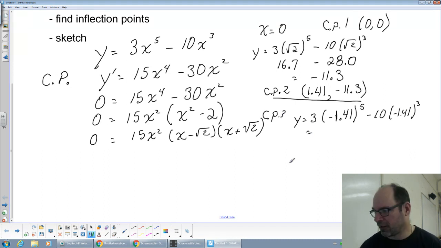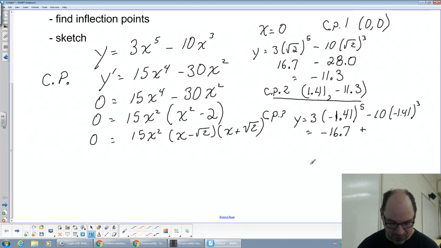If we take our calculators out, we're going to get a result for that as well. So negative 1.41 to the power of 5 gives us a negative 5.57, times 3. So this is going to be our negative 16.7, plus, in this case, should be the same thing.